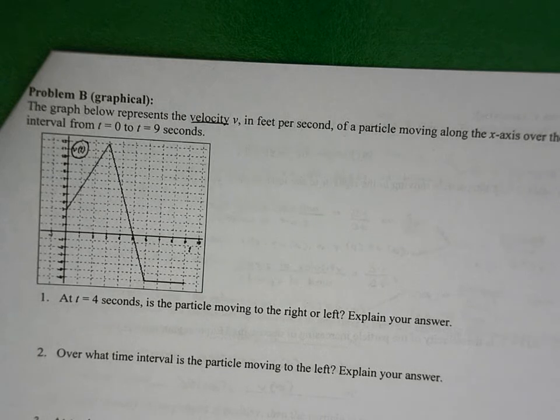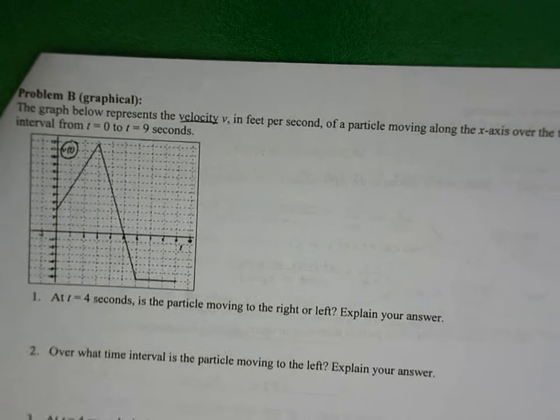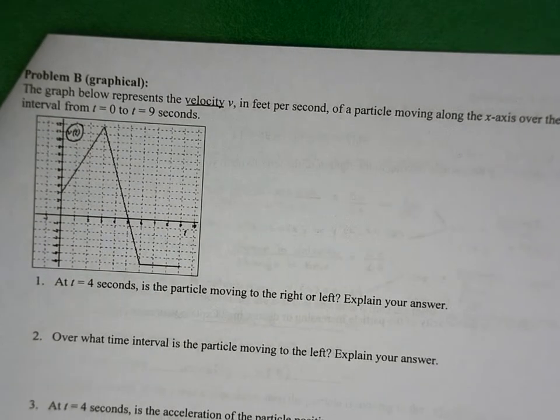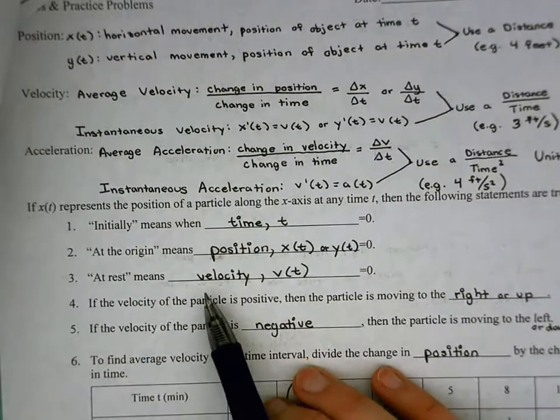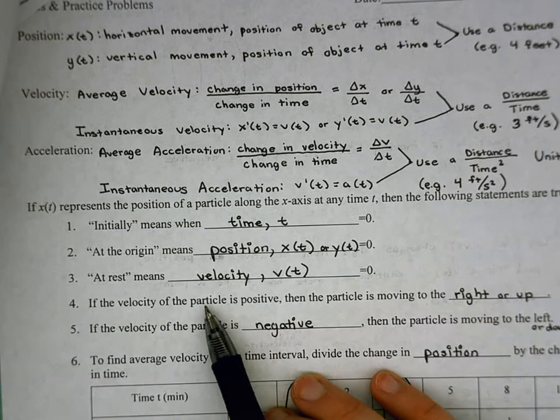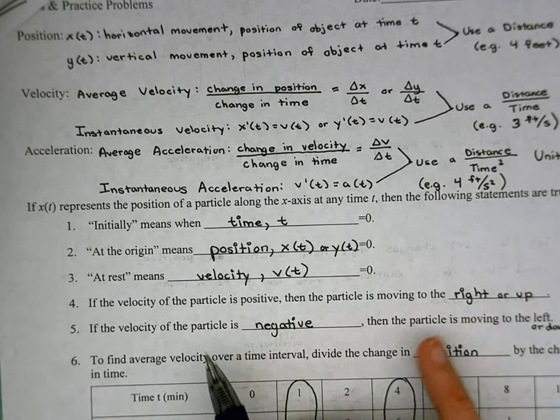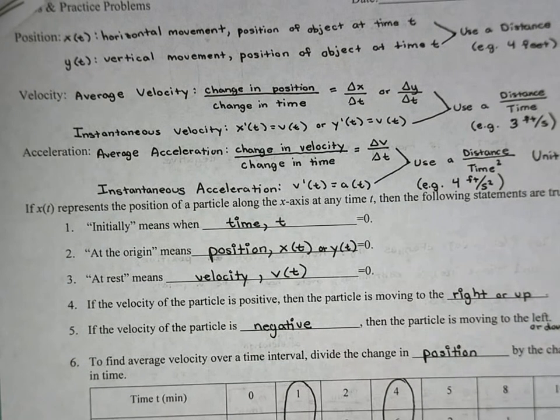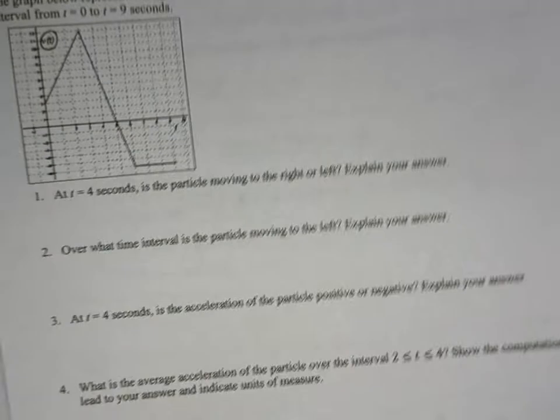Right? This is velocity. Okay, so number 1, at t equals 4, is the particle moving to the right or left? Explain your answer. Well, if I want to know whether the particle is moving to the right or left, I'm going to be using these relationships here. If the velocity of the particle is positive, then we're moving right. Negative, we're moving left. Because again, I'm looking at velocity.